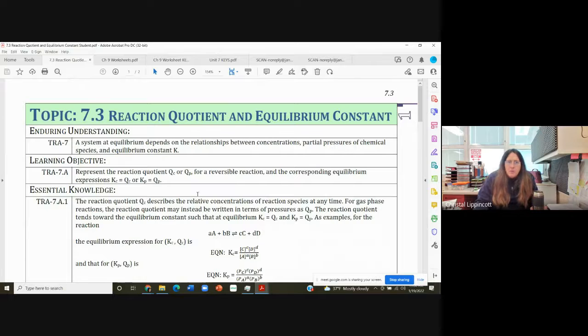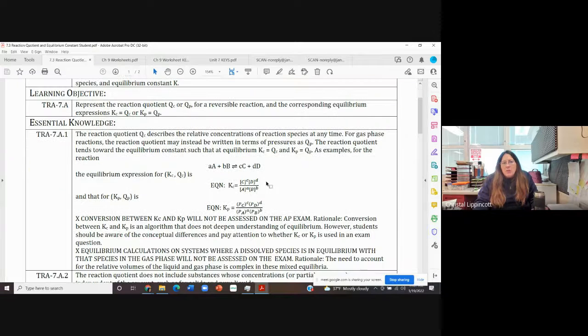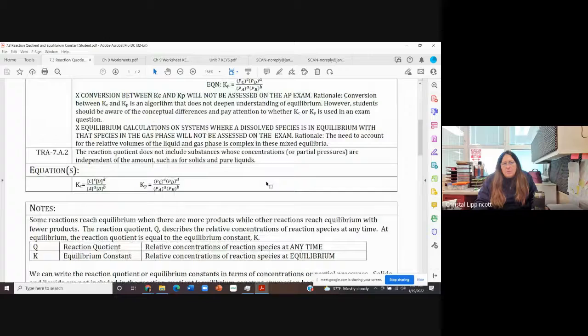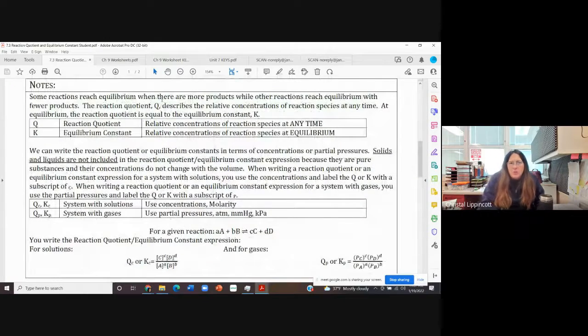All right. The next one is very important, okay? This is the reaction quotient and the equilibrium constant. The way these work is some reactions will reach equilibrium when there are more products, while other reactions reach equilibrium while there are fewer products.